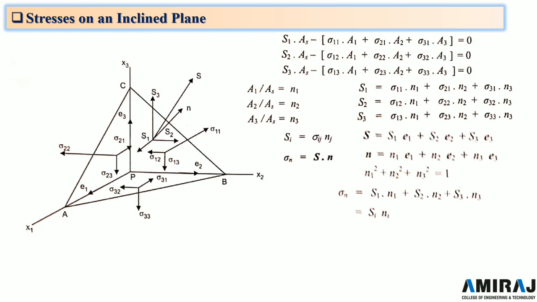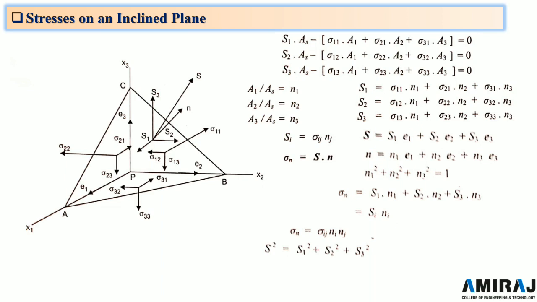By substituting for Si from the equation, we get a general relation for sigma n: sigma n is equal to sigma ij ni nj. And the magnitude of the vector S is given by S square is equal to S1 square plus S2 square plus S3 square.